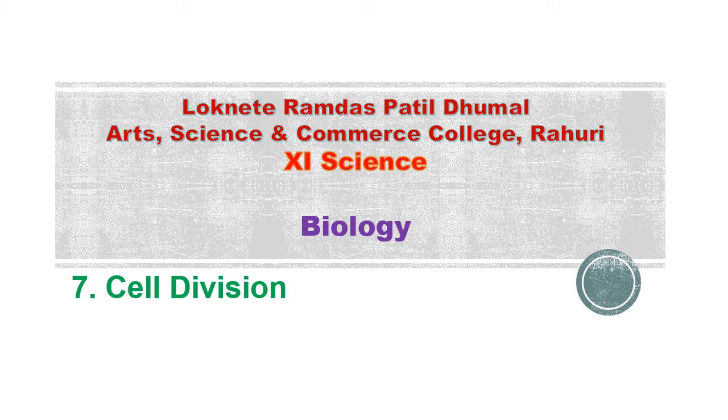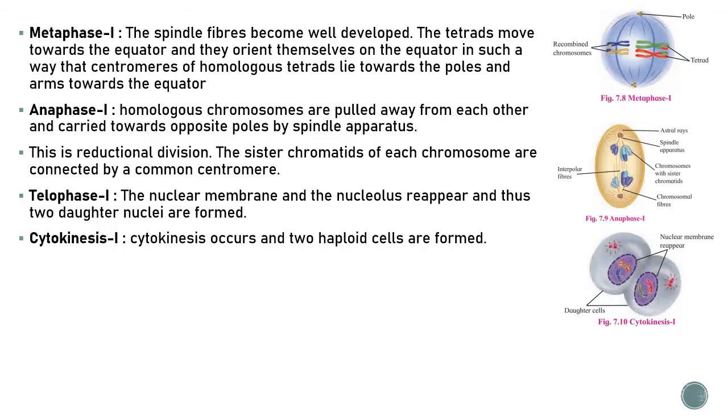We studied Prophase-I, which is divided into five substages: leptotene, zygotene, pachytene, diplotene, and diakinesis. Now today we discuss the remaining phases, that is metaphase-I, anaphase-I, telophase-I, and cytokinesis. So let's begin our lecture.